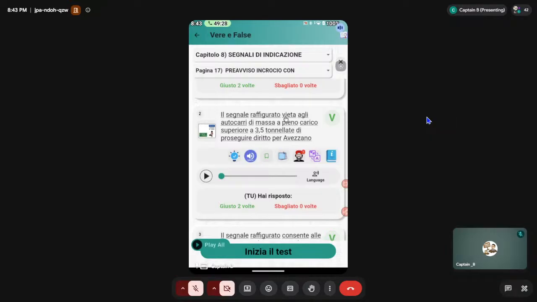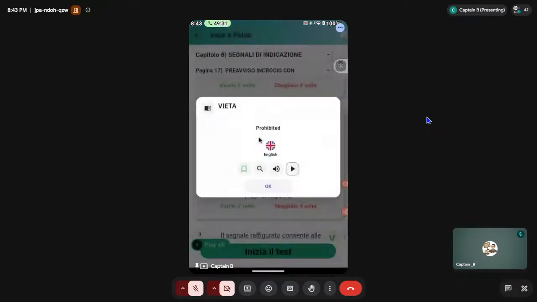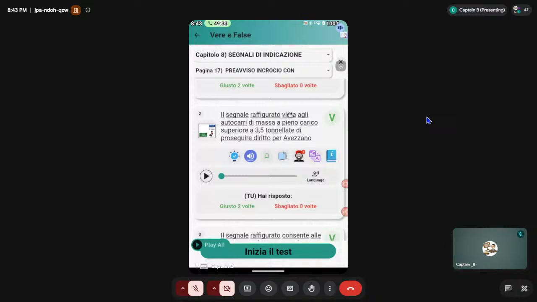The word vieta here means prohibited, is forbidden, of autocarri that the total weight of load is above. The word superior here means superior, okay? Superior 3.5, so it's above 3.5 tonnellate. He said vieta, superiore 3.5 tonnellate, di proseguire dritto, to proceed straight. He forbids that vehicle, truck, to proceed straight.